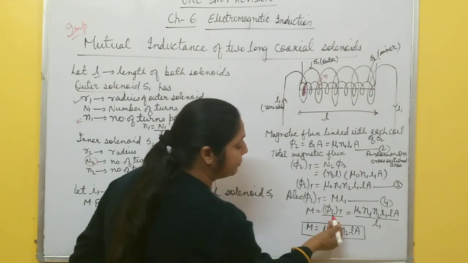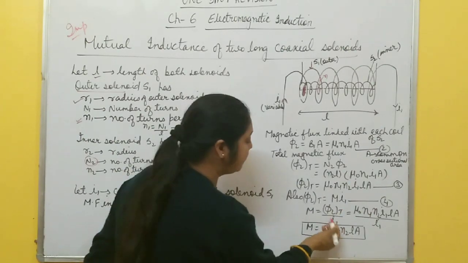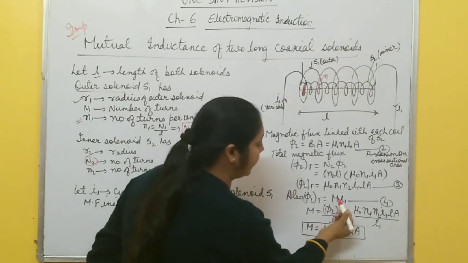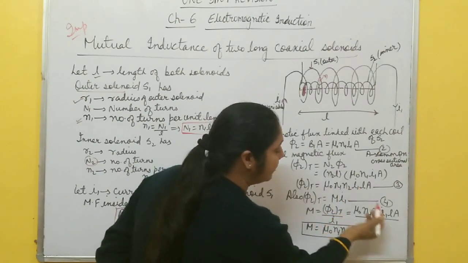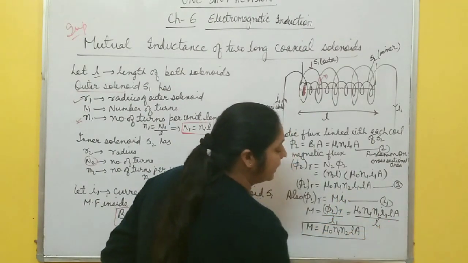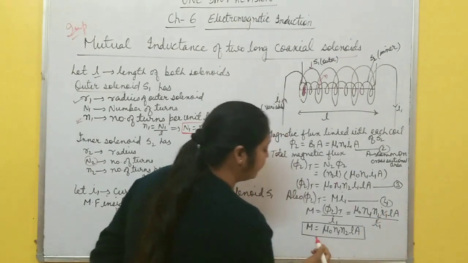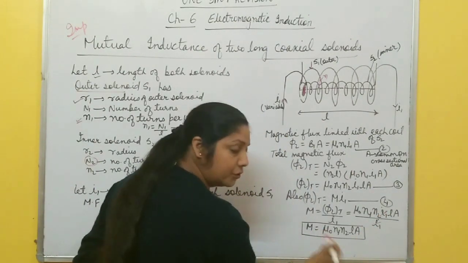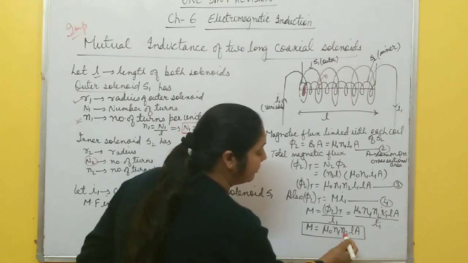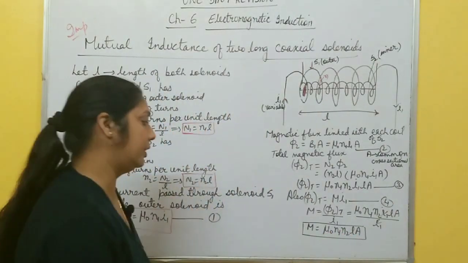From here, M equals total flux phi 2 by I1. So you just divide this total flux, mu naught n1 n2 I1 L into A, by I1. I1 cancels. Then this M, the coefficient of mutual induction or mutual inductance, becomes mu naught n1 n2 L into A.